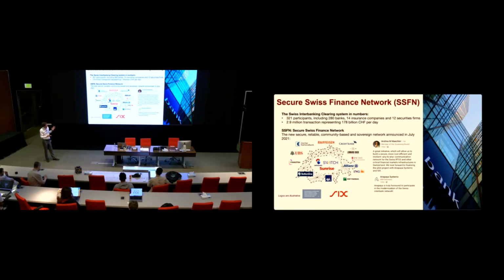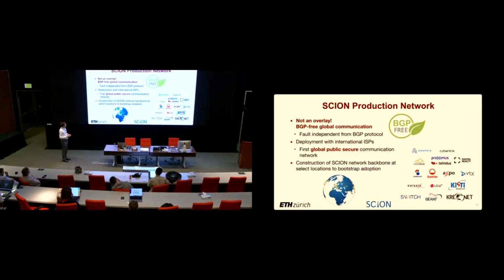And so this use case then drove the whole infrastructure with the creation of the SCION production network, and this is a real network that we also call BGP-free, because at no point do you rely on BGP to be able to communicate.